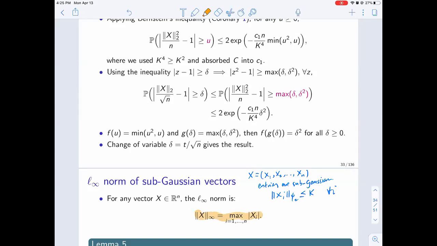I was thinking this is an extreme value, which may scale as log n. Okay, it's very close.